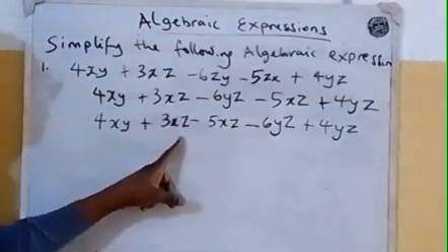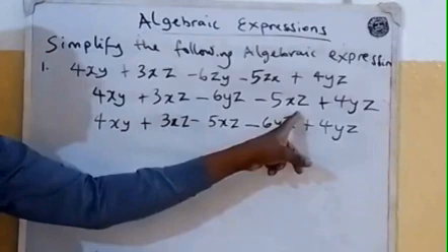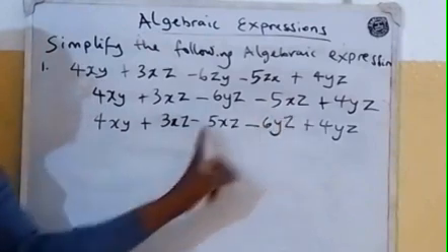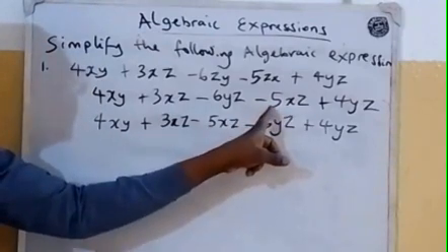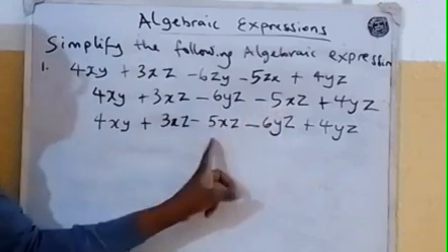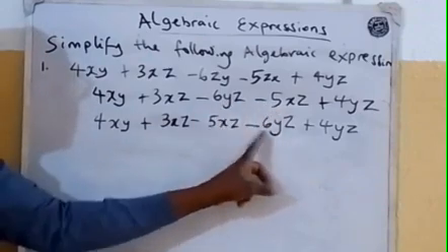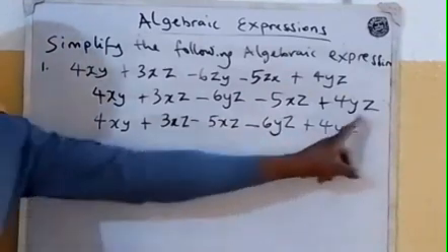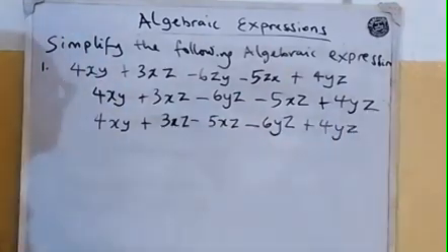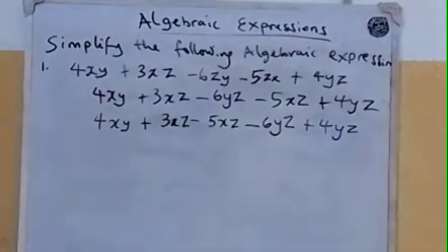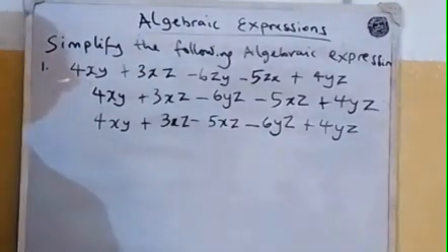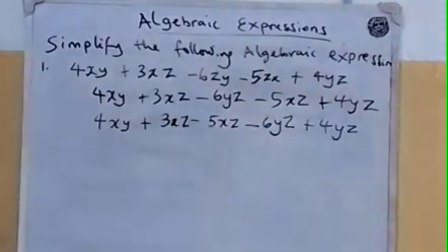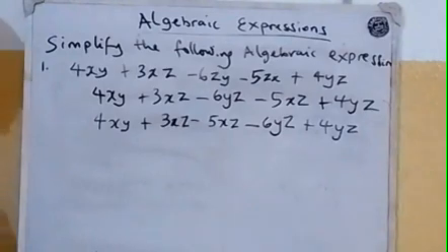So I look for its brother here that has the same xz, and I also take the minus sign with it, collected, and this one goes minus 6yz, then plus 4yz. So when I've collected it like this, I can now simplify. Simplification means I can now add. You can only add like terms in an algebraic expression.